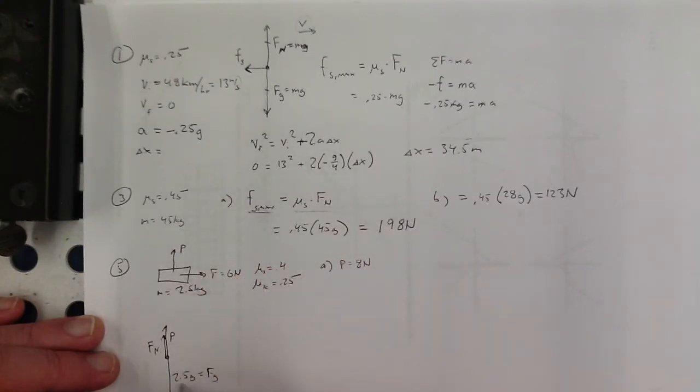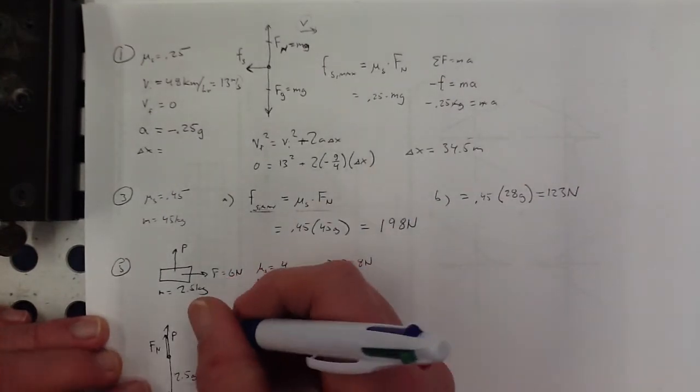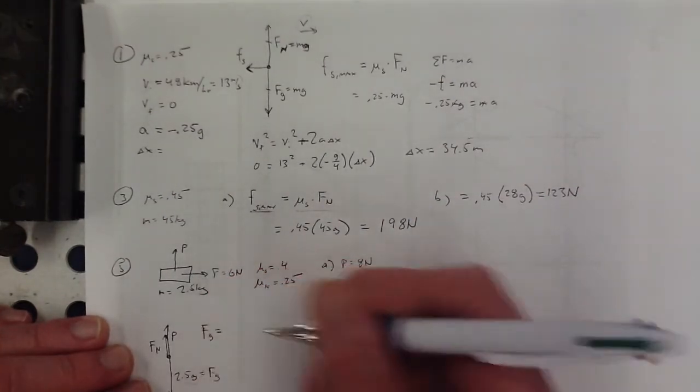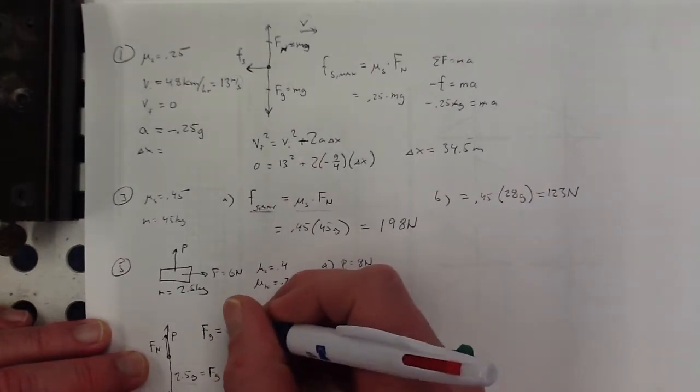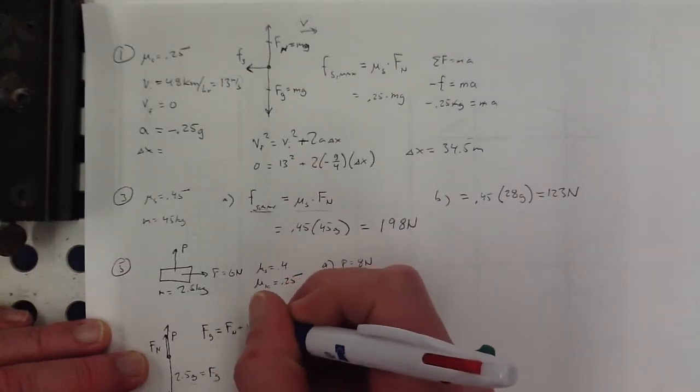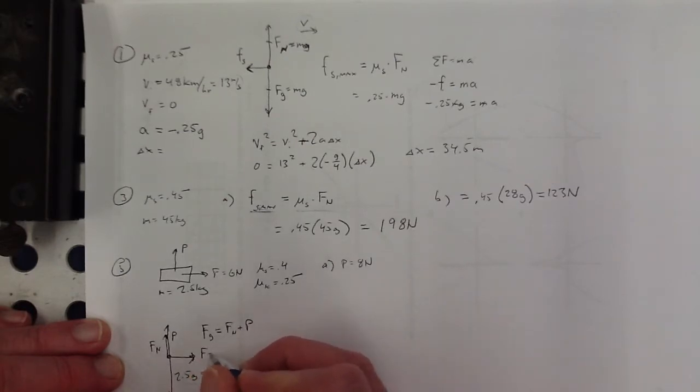They're both helping out to balance that 2.5. So that Fg, our force of gravity, is going to equal the normal force plus the pulling force, pulling upward. And then this force is 6 newtons.